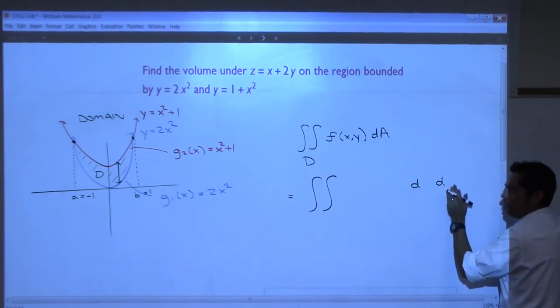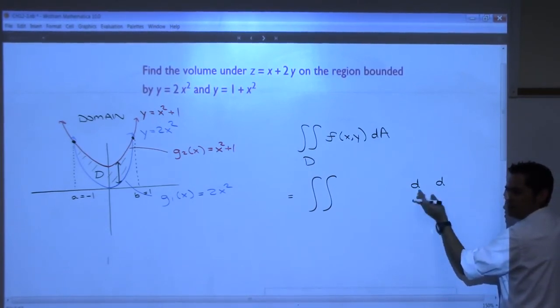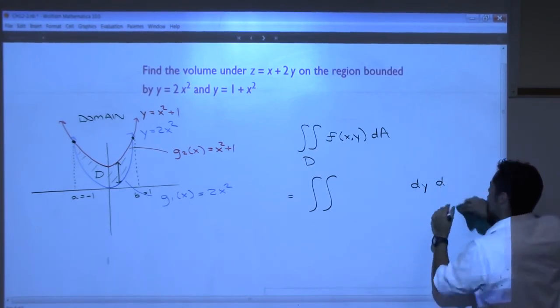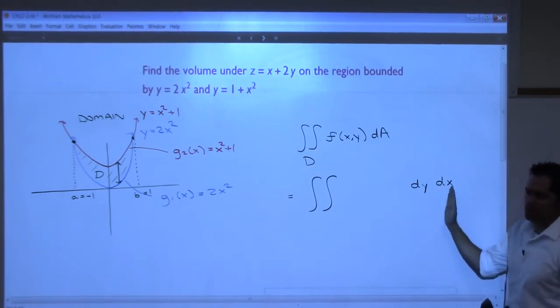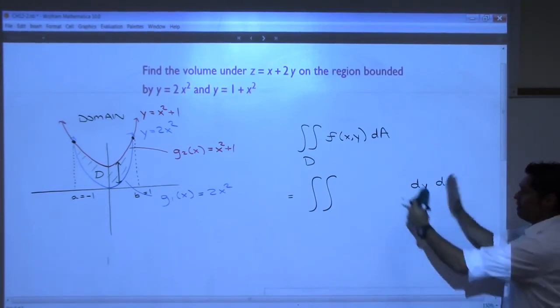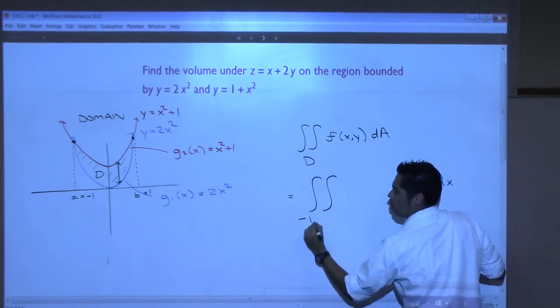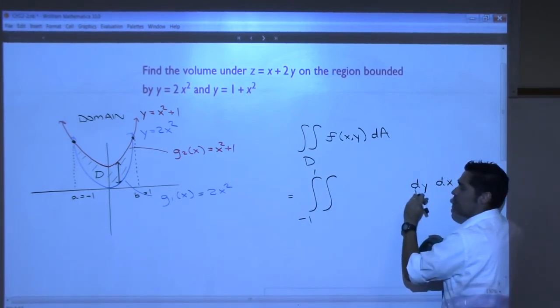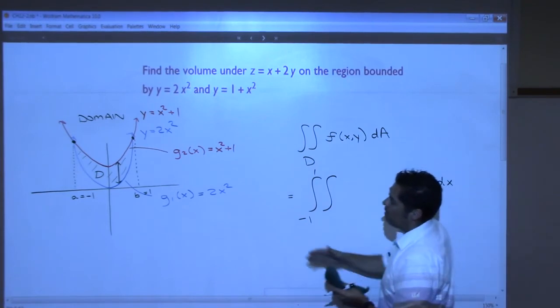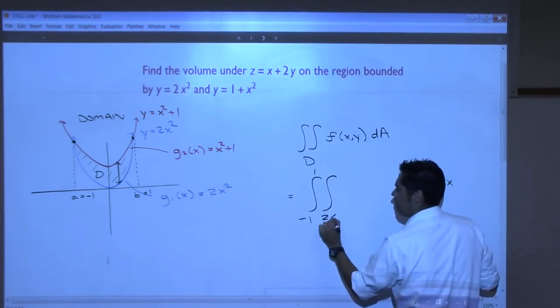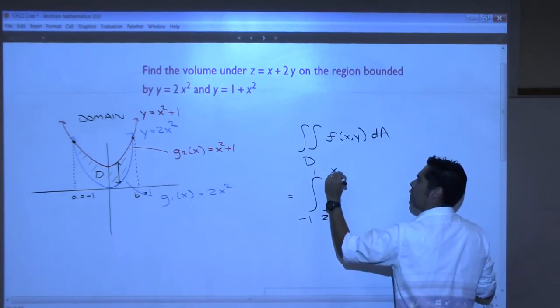So dy, dx, dx, dy, which? dy, dx. Now the way you remember that is the outside integral has to have the constants, right? So the outside one is going to be negative 1 to 1, right? The next one, the inner one, is the restrictions on y. So the y restrictions were these two. So 2x squared on the bottom and x squared plus 1 on the top.